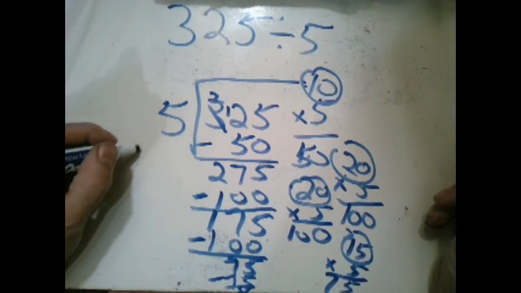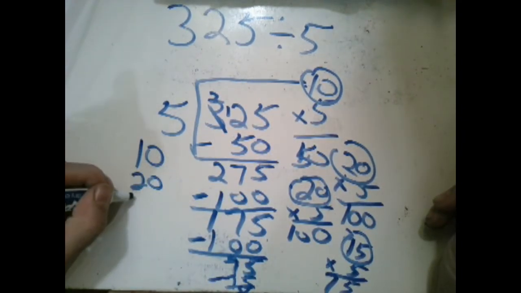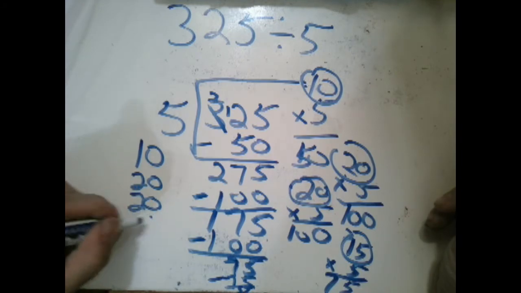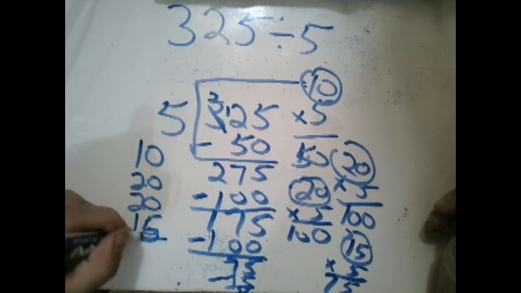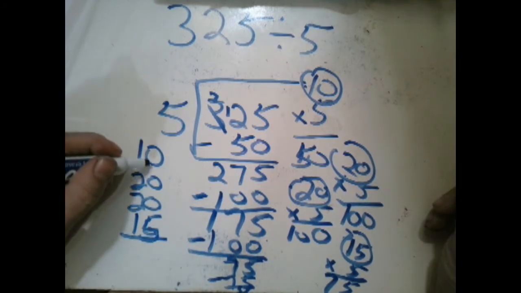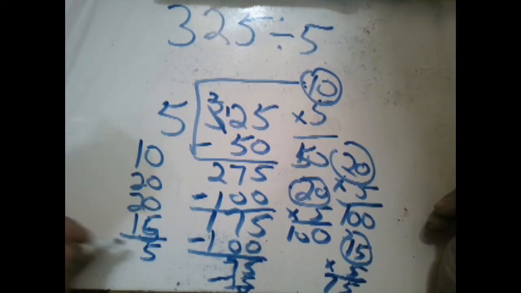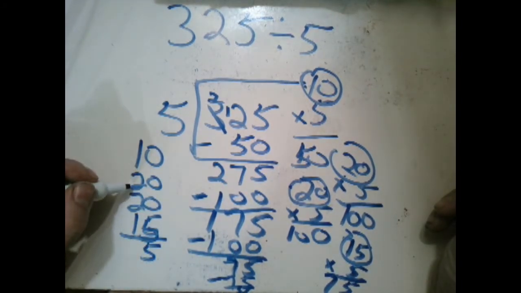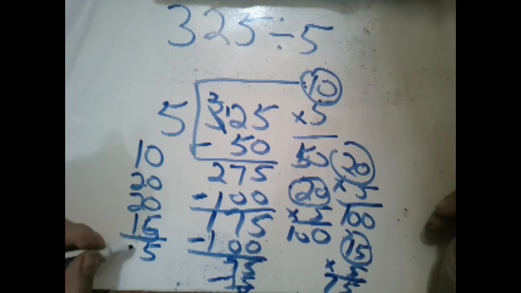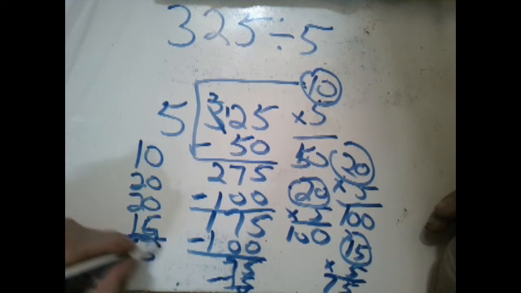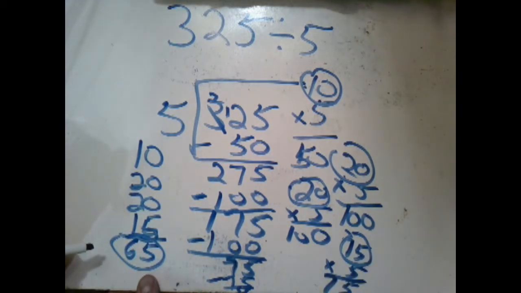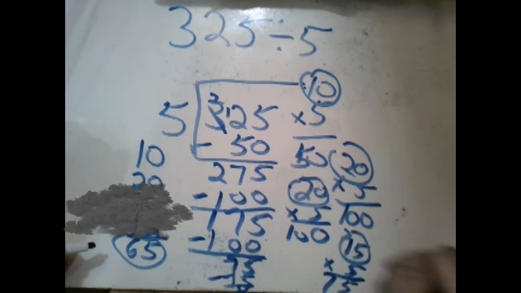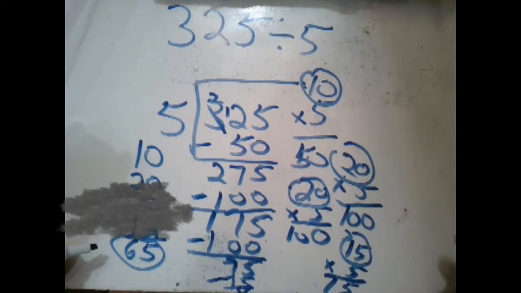And then I add those up. 10, 20, 20, 15. 0, 0, 0 plus 5 is 5. 1, 3 plus 2. So it's 4, 5, 6. So my answer would be 65 for this problem. That's called partial quotient.